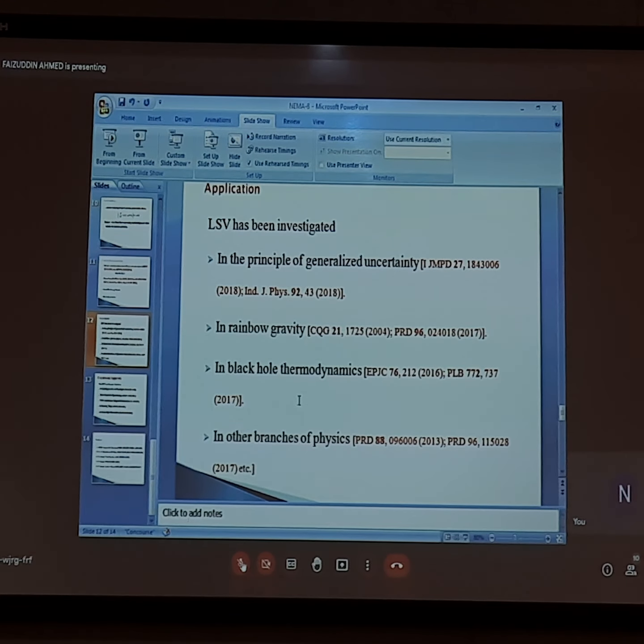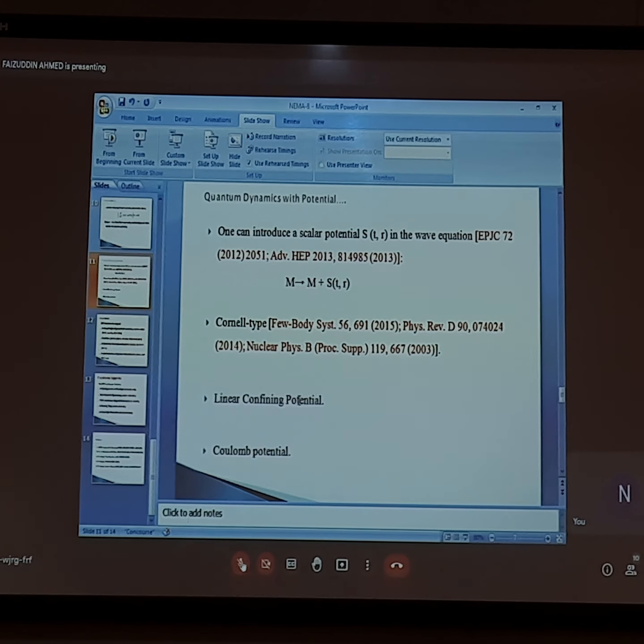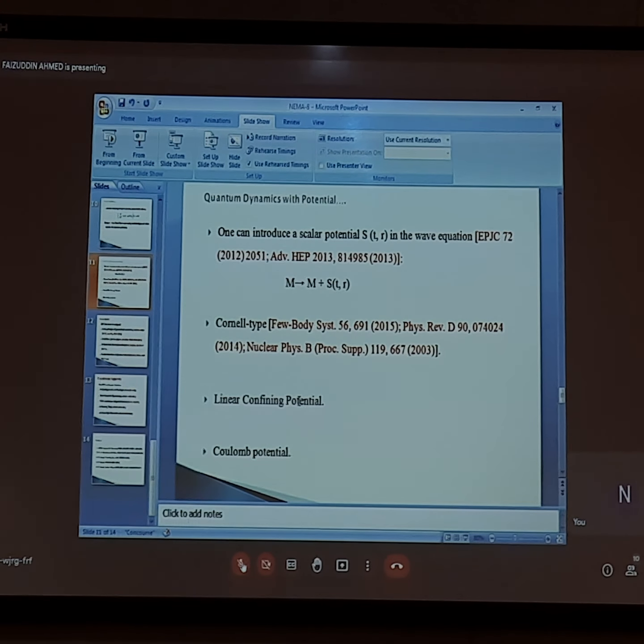This Lorentz violation actually comes from the standard model extension, which contains the CPT even part, the CPT odd part, and the electromagnetic part also. As we know, it is the extension of the standard model which includes gravity.